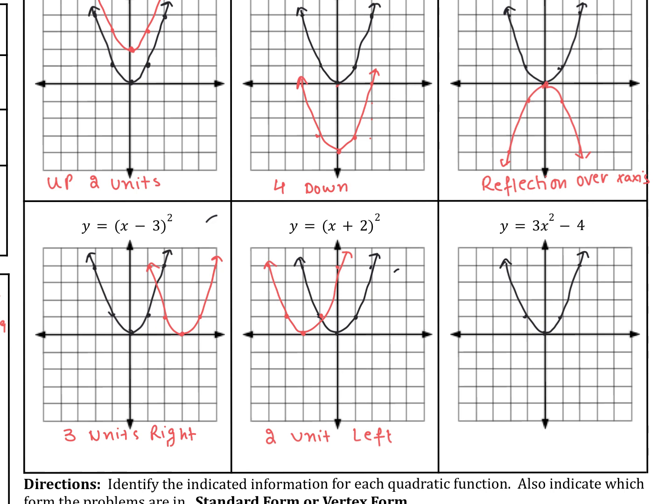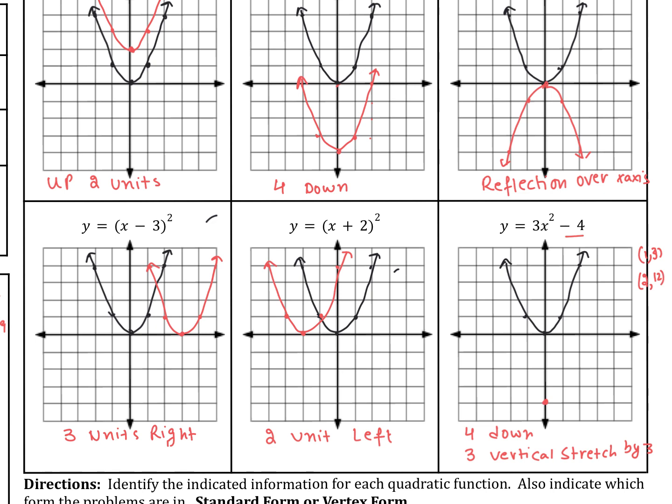For the next one, the graph is moved 4 down, and then the 3 in the front is a vertical stretch by 3. If it is a vertical stretch, for example, the points are normally 1 1, so in this case it's going to be 1 3, and 2 4 normally, so it's going to be 2 12.